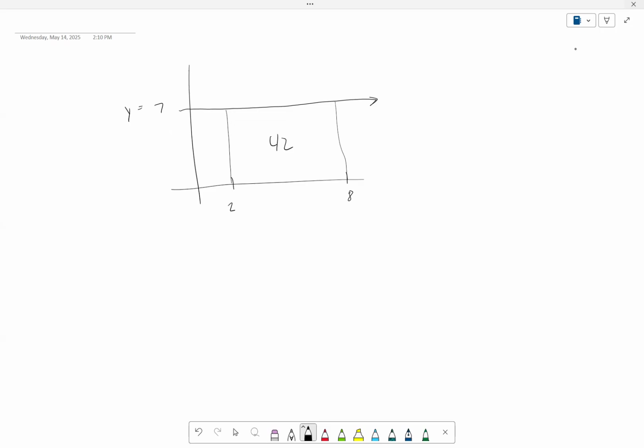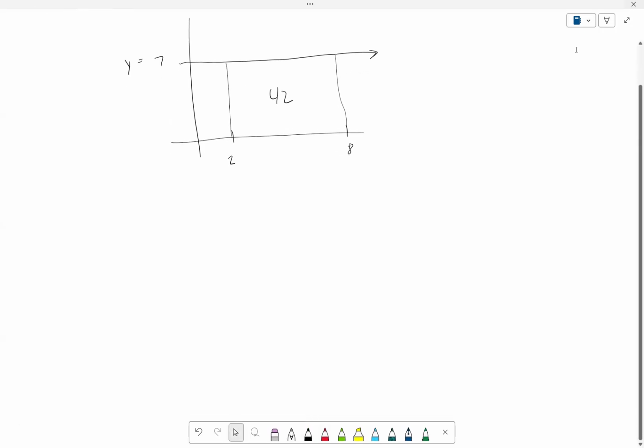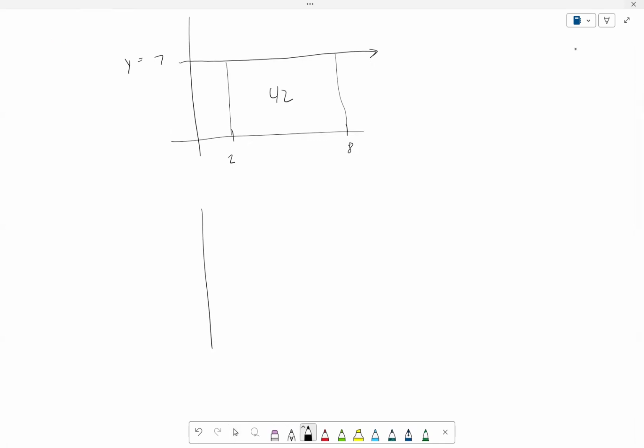Easy. Of course, it's not going to be that way all year. Sorry. But we turn up the fire incrementally. Let's say this is y equals x.